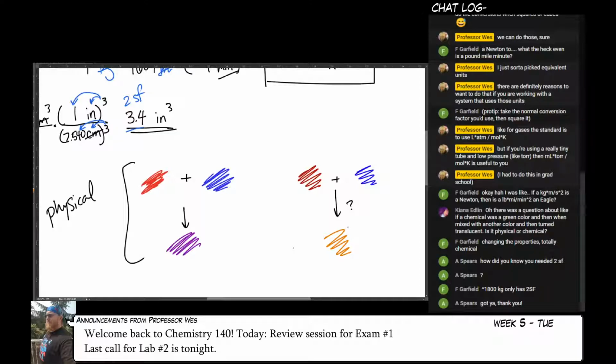Red plus blue doesn't make orange. Red plus blue should make purple. So instead of mixing two colors together and just getting the sum of those colors, you've mixed those two things together and gotten something totally different that is orange. And so this would be chemical. If you mix two colors and you don't get the result you expect, a chemical change must have occurred because you consumed the original products and created a new product with a different property.